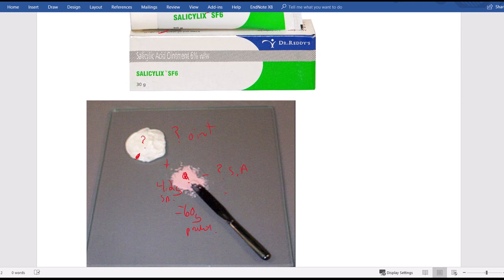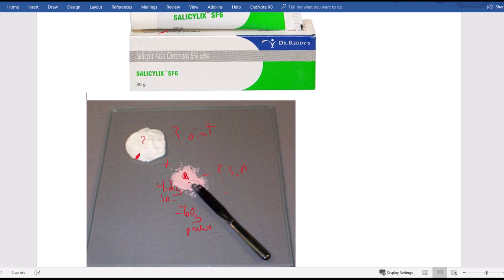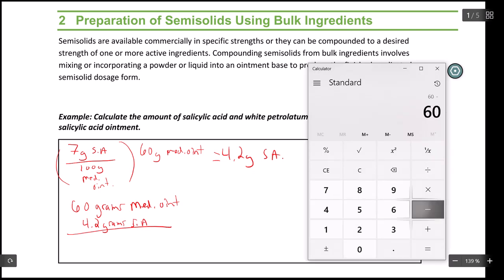We do know that if I take my 4.2 grams here and I add it to something here, the total has to be 60, because the ointment base plus the drug has to equal 60 grams total. So we know that we want to make 60 grams of the medicated ointment. We know that 4.2 grams is going to be the salicylic acid.